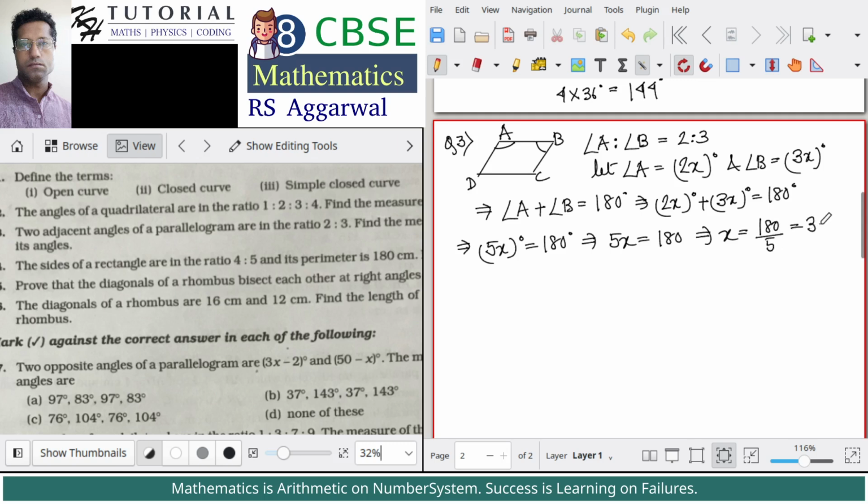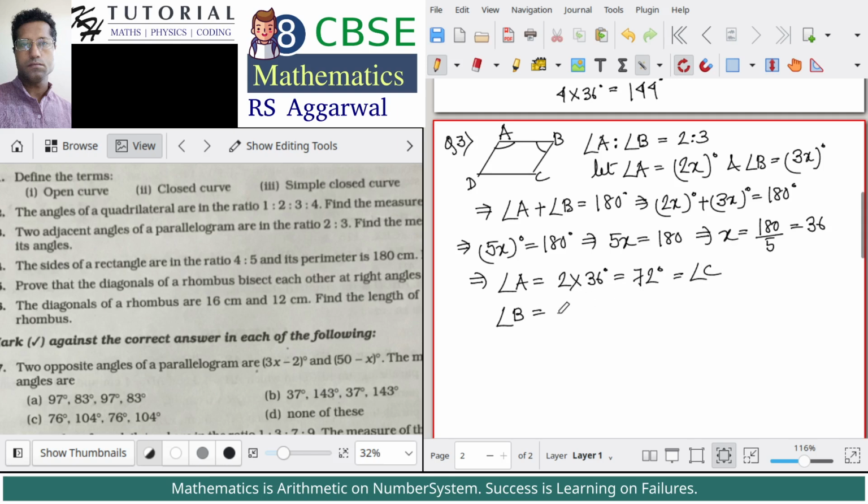This is 36. So angle A will be equal to 2x, that is 2 into 36 degree, which is 72 degree. Angle A will be equal to the opposite angle in the parallelogram, so it will be equal to angle C. So angle A and angle C both are equal to 72 degree.